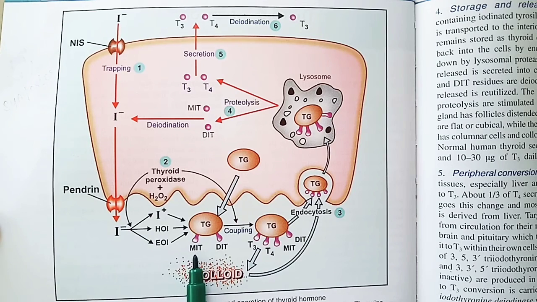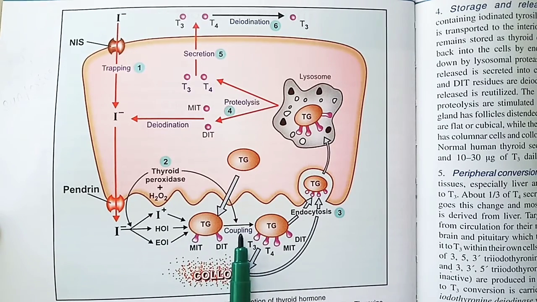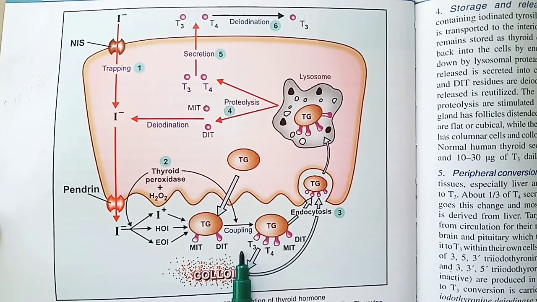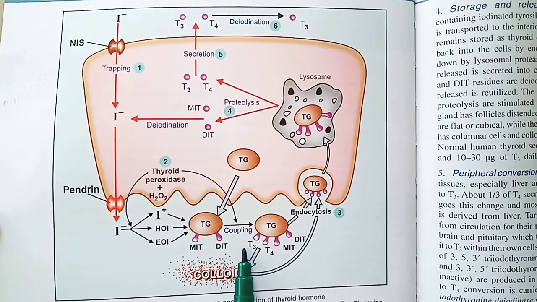This monoiodotyrosine and diiodotyrosine are the residues formed on the thyroglobulin but still attached to the thyroglobulin molecule. This thyroglobulin molecule then undergoes the coupling process in order to form T3 and T4. So how does it act? The thyroglobulin molecule with the DIT attached to it and another with the MIT attached to it bind with each other. So these form a T3 molecule.